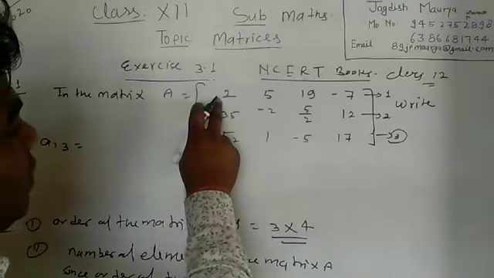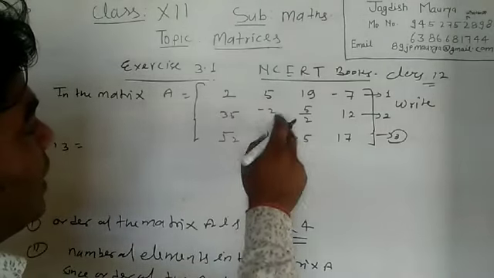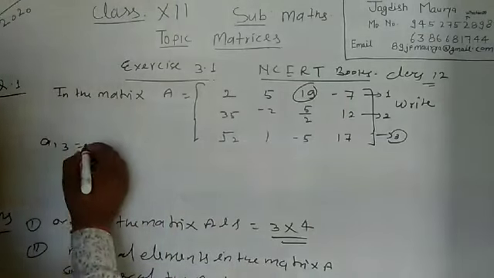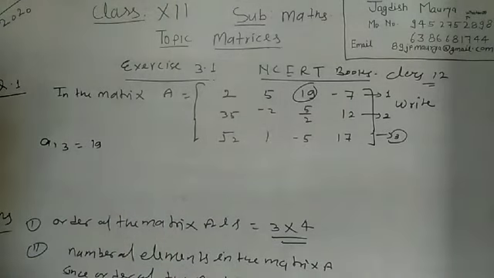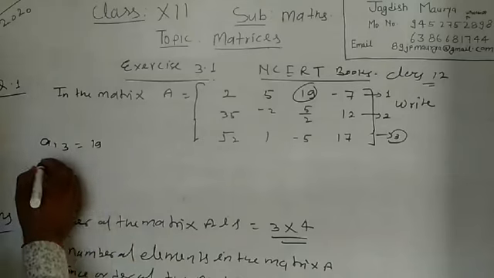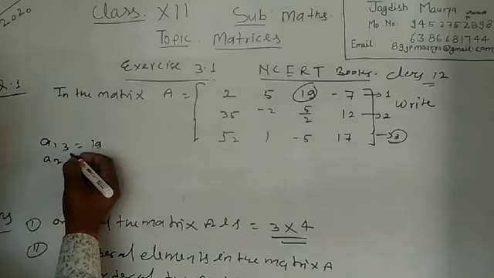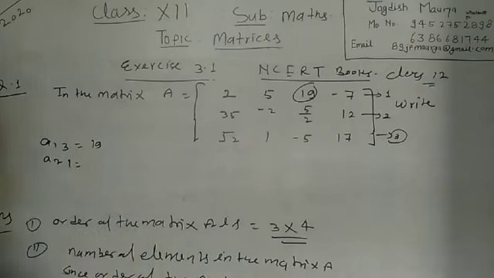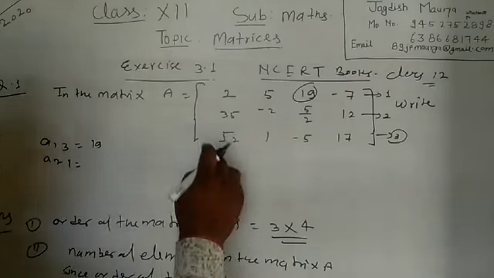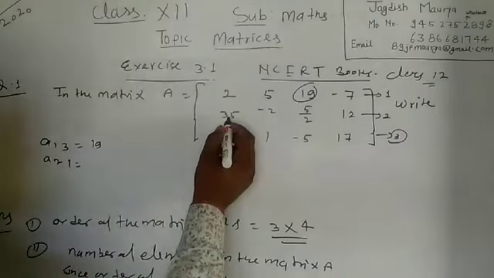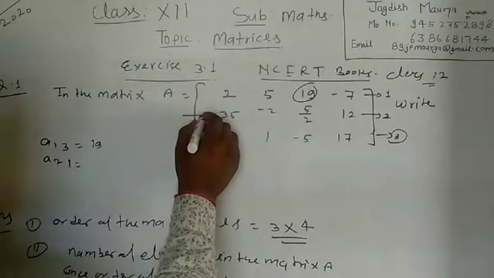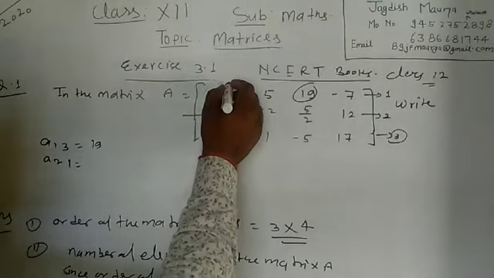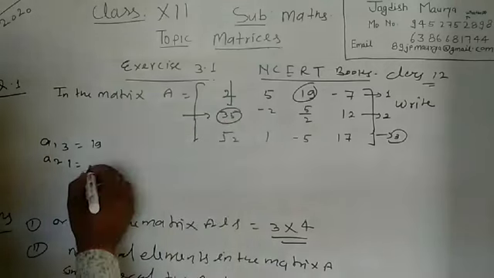Here first row and third column is 19, so A13 equals 19. And second element is A21, element of the second row and the first column. Second row, first column is 35.